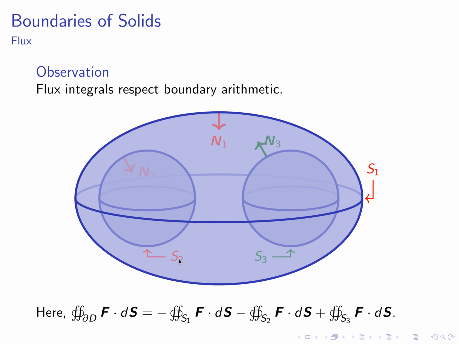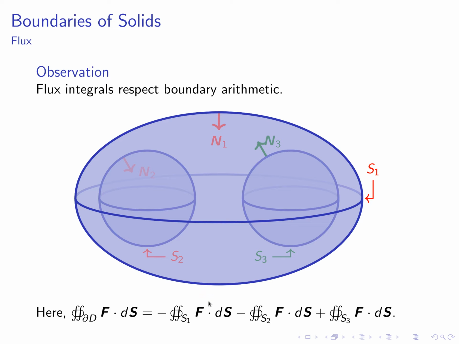We then said S2 has a normal vector pointing away from the domain, which indicates that S2 carries the positive orientation, meaning we should add the flux integral over S2 should we calculate it. And then finally, S3 has a normal vector pointing into the domain, which means S3 carries the negative orientation, which means we should subtract it when we do that flux calculation.